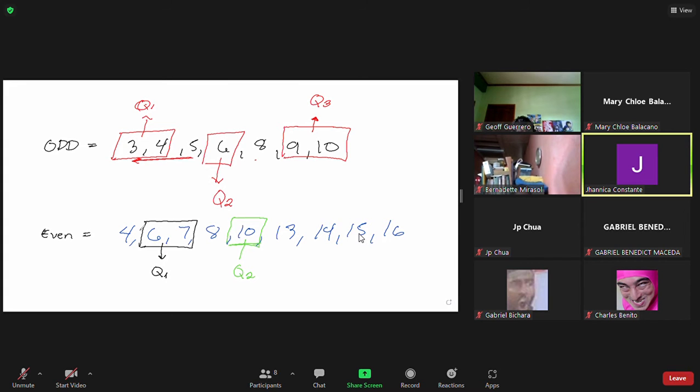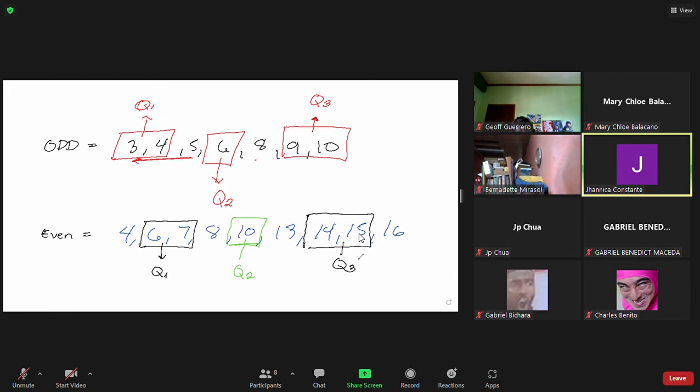The same, you're going to add and then get the half for you to identify your quartile 1. The same as what you did here on the left side, get the two numbers in between the remaining numbers on the right side, which are 14 and 15. That is your quartile 3.